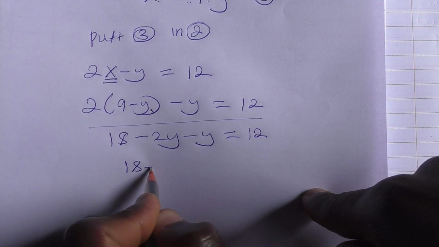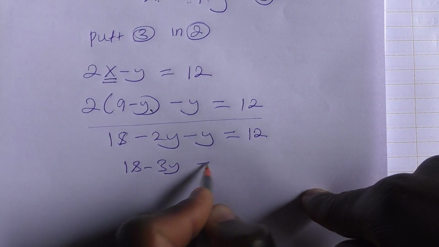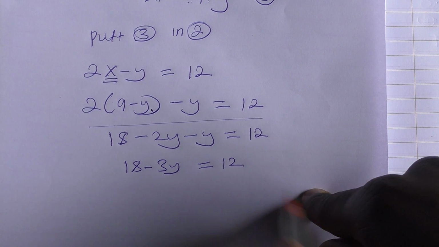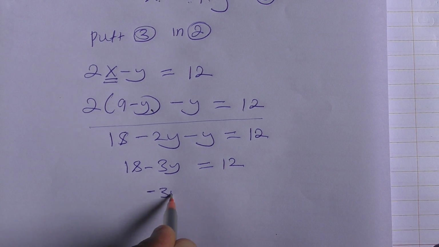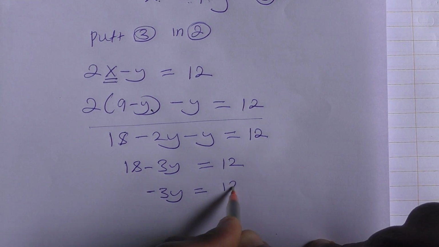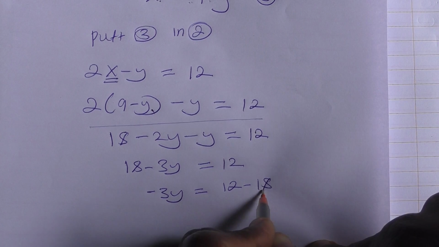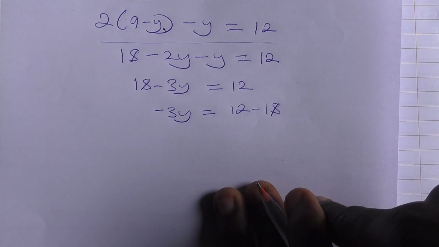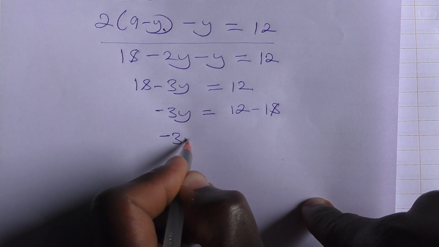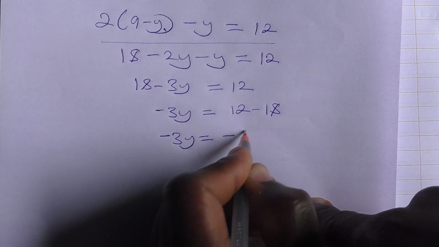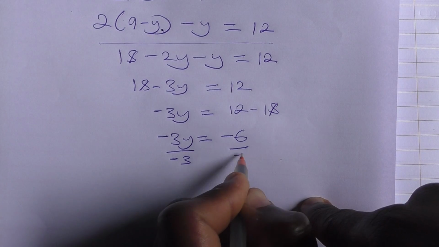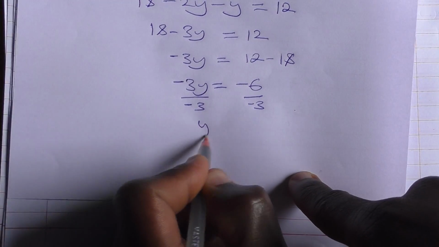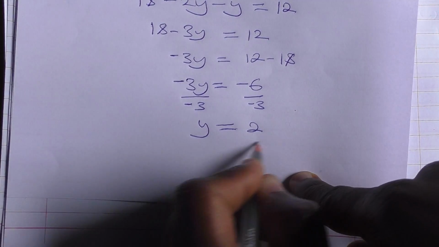This is 18 minus 3y equaling 12. We collect like terms so that we get negative 3y equaling 12 minus 18, which gives us negative 3y as negative 6. Dividing negative 3 by negative 3, we have y as 2.